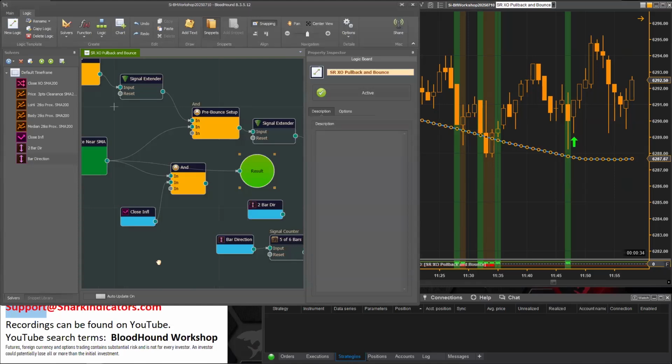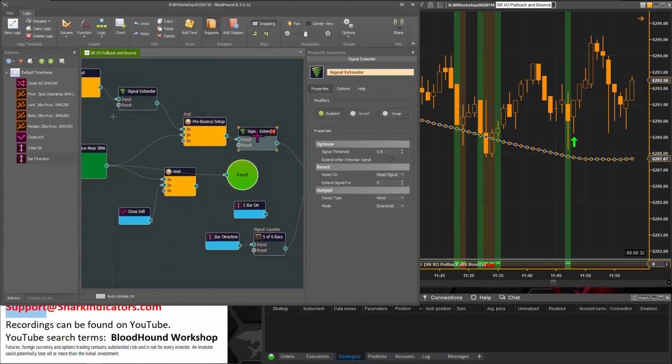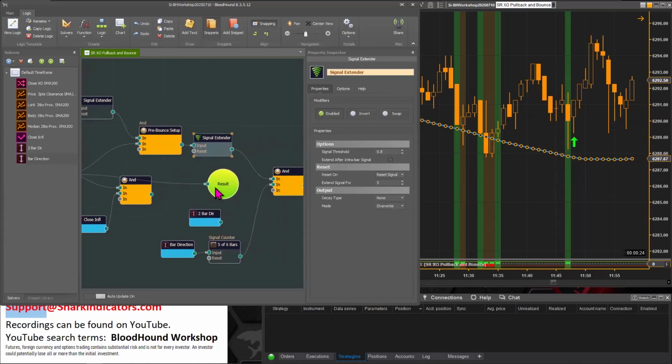So that is why we have this signal extender here, for situations like this.